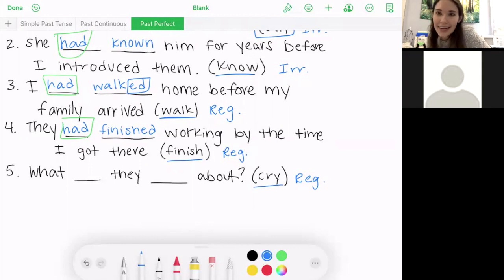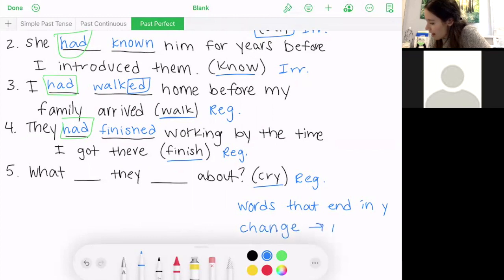I'll give you a second and I'll remind you if you don't know. Words that end in Y will change the Y to I and add ed. Did you remember that? So go ahead and fill in the rest of the sentence with your past perfect tense.